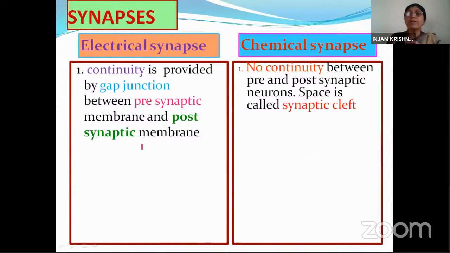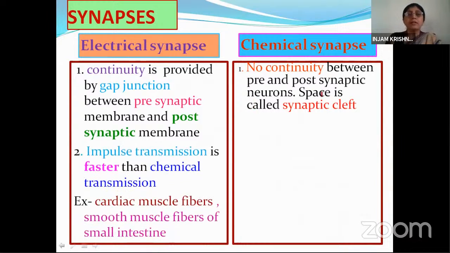In a chemical synapse, there is no continuity between the pre and postsynaptic neurons. The space is called the synaptic cleft, which is filled with some fluid. In the electrical synapse, there is one structure, that is the gap junction. Already you know about gap junctions.